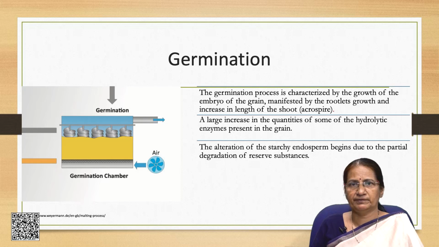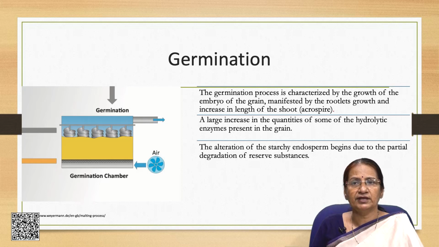Now, germination. The germination process is characterized by the growth of the embryo of the grain, manifested by the growth of rootlets and increase in length of the shoot, that is the acrospire, with the concomitant modification of the contents of the endosperm.